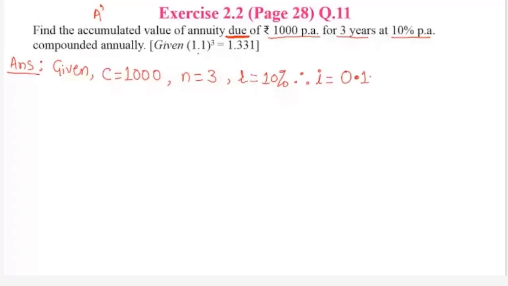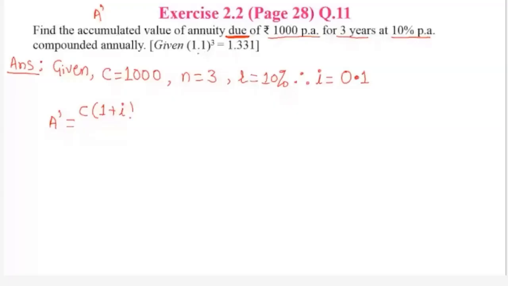Now, which formula? It's not annuity immediate, it is annuity due. So we'll have to use the A dash formula. In the A dash formula, you will not write C, but you will write C in bracket 1 plus I. Do you remember that?